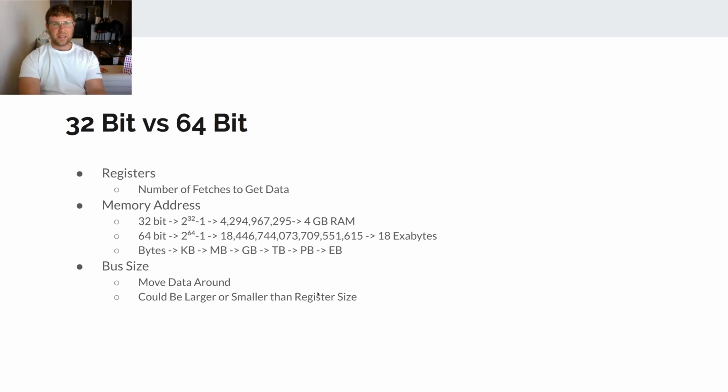Different things like the PlayStation and the Xbox One have a memory bus size of 256 bits. The reason it's bigger is so that it can grab more floating point numbers at one time. Video games are really focused on floating point numbers, because a lot of the math that goes into placing objects in 3D space is based on floating point numbers.